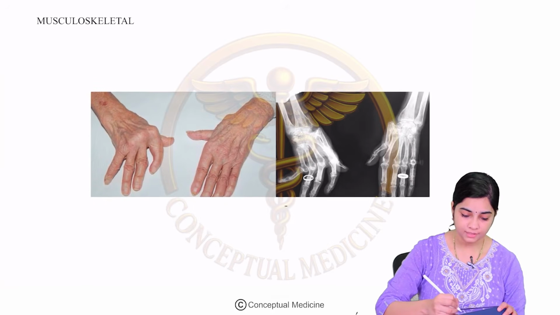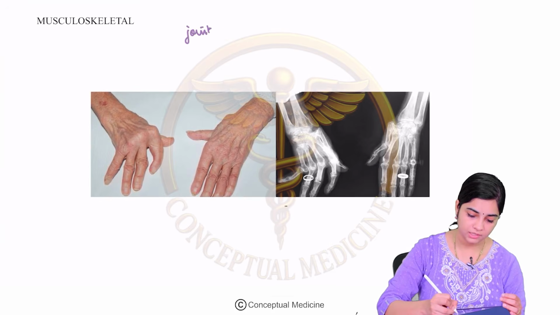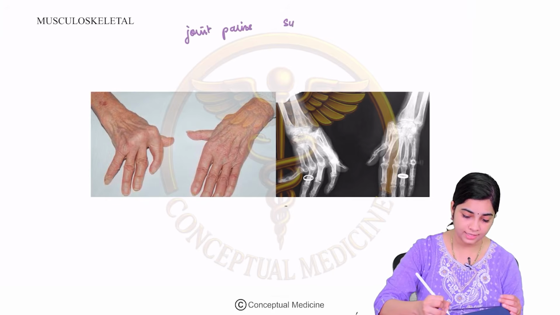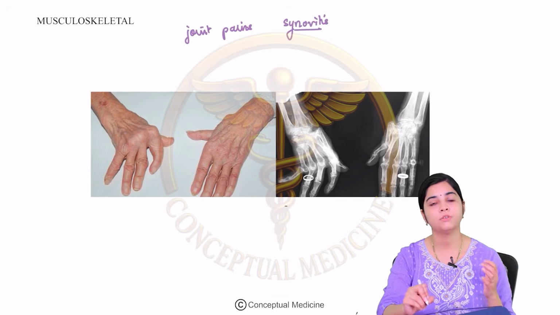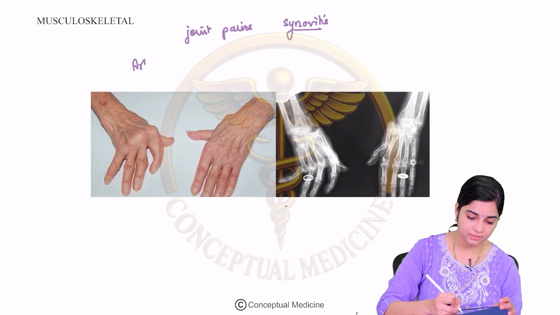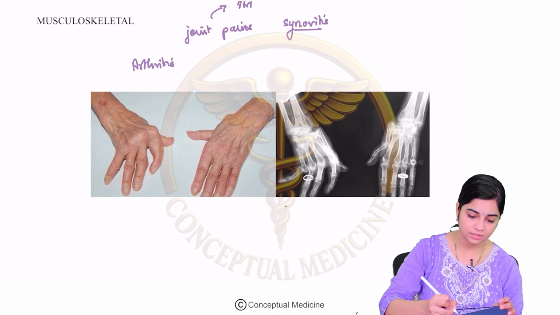So SLE can present with a chronic history of joint pains. Okay, and the basic pathophysiology is that there can be evidence of synovitis, which means inflammation of the synovium of the joint. You can have arthralgias, joint pains are nothing but arthralgias.